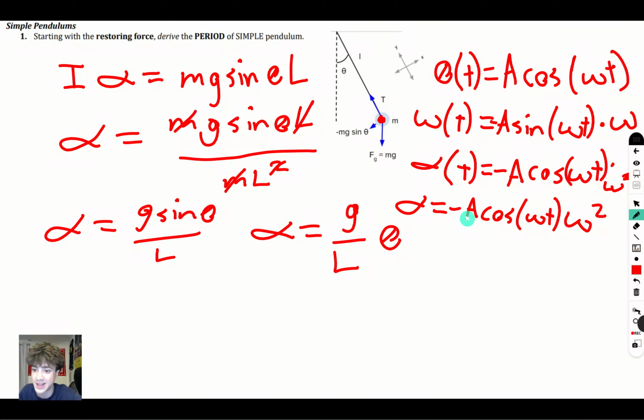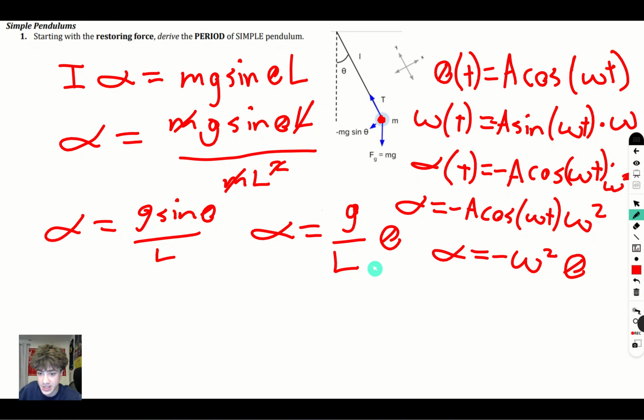We notice that this is a term we've seen before. We can see that this is our theta right here, a cosine omega t. So we could just replace that with our displacement, and it's going to be negative omega squared times displacement.